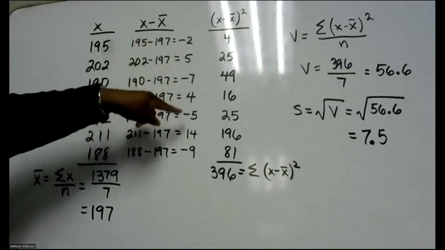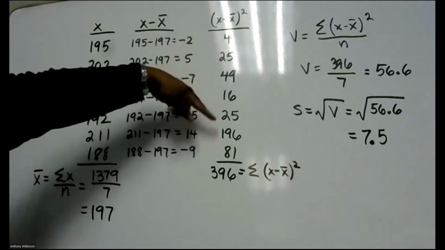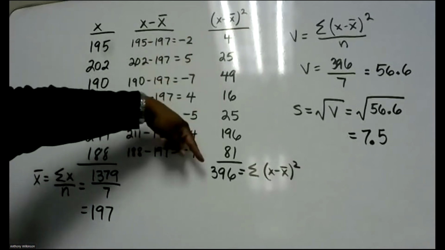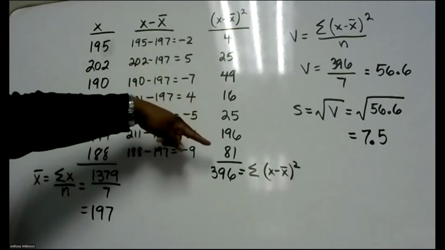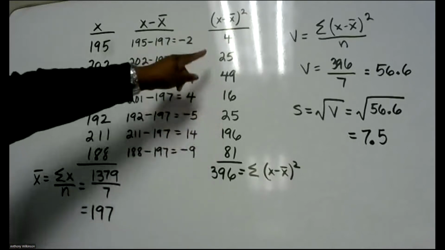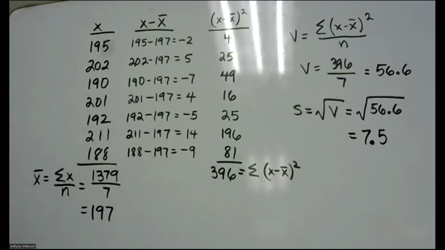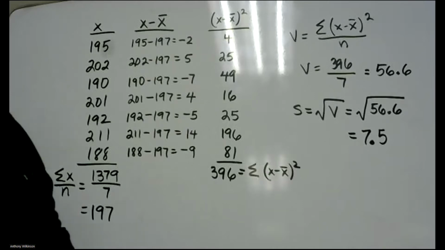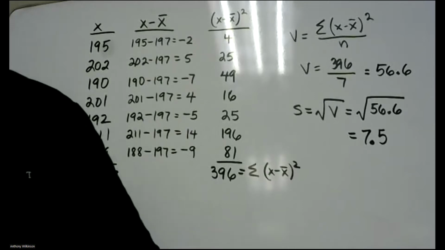Then you square those numbers to get this next set of numbers. Sum these squares up together, and you'll get 396. Then divide that by the number of data values we have, which is of course 7. That would give you the variance. And then finally, take the square root of the variance to get your standard deviation.